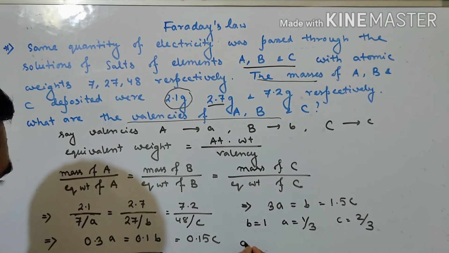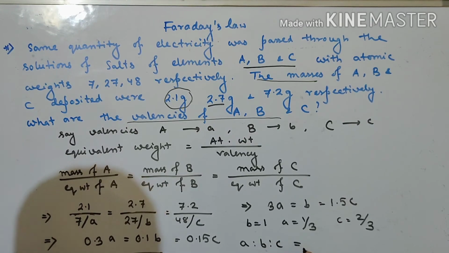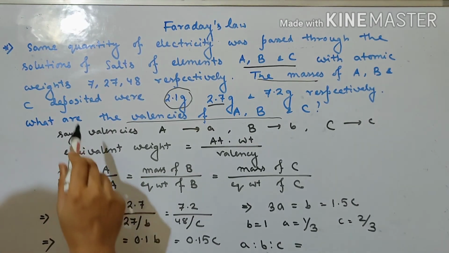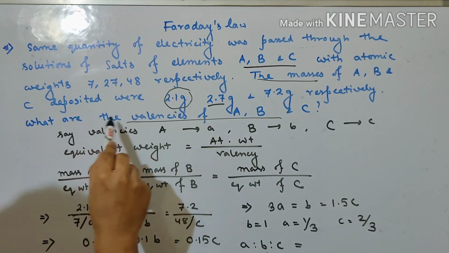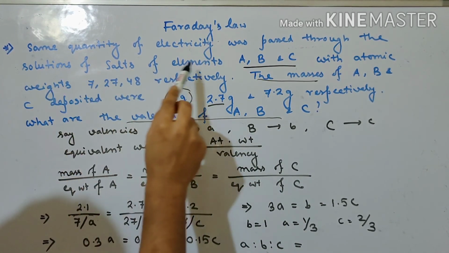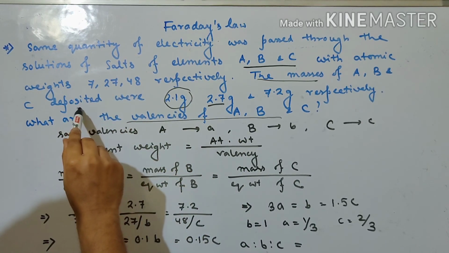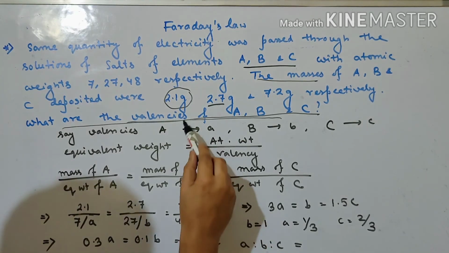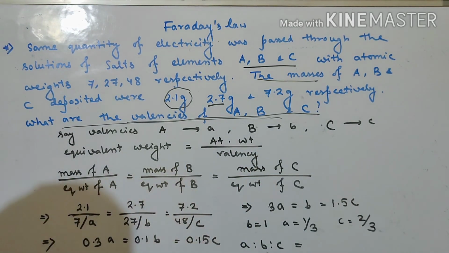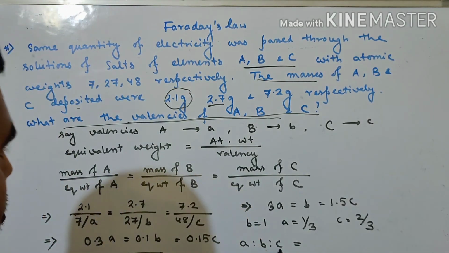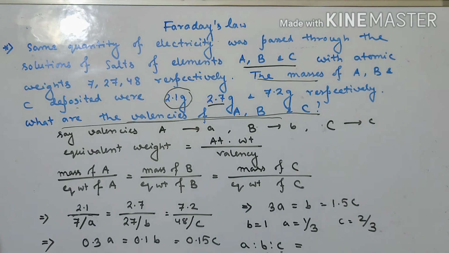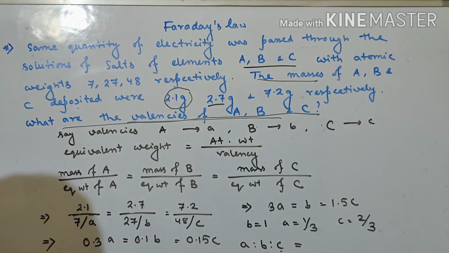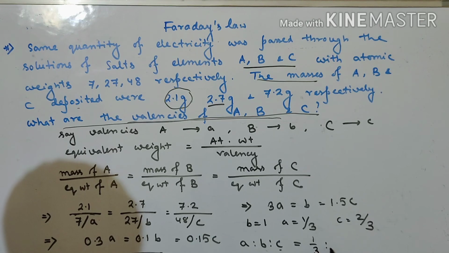So the ratio of A is to B is to C, which ratio? We have to find out the ratio of valencies, because small a, small b and small c are basically the valencies of A, B and C. So it will be like a is 1 by 3, b is 1 and c is 2 by 3.